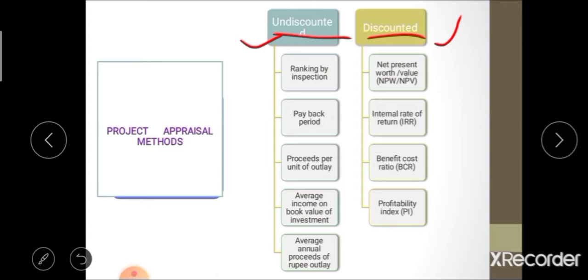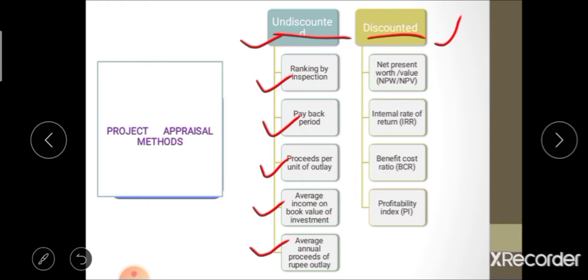Under undiscounted measures of project appraisal, there are 5 major methods. The first one is ranking by inspection, then payback period, proceed per unit of outlay, average annual proceed per rupee of outlay, and average income on book value of investment.